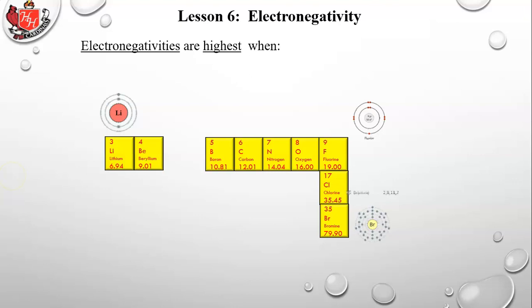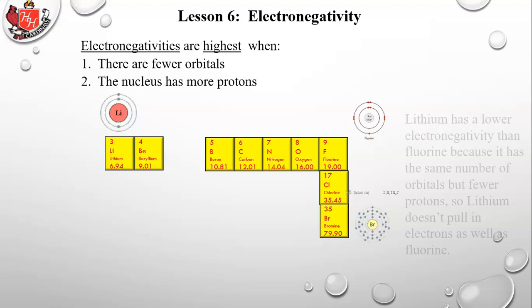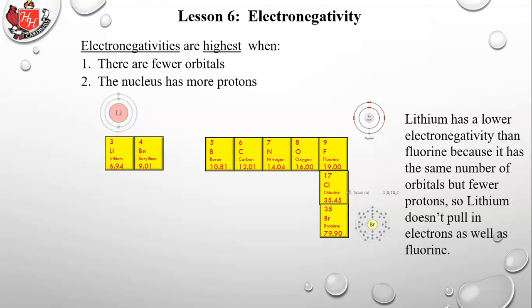Okay, electronegativities are highest when there are fewer orbitals and the nucleus has more protons. So if we look at lithium, lithium has a lower electronegativity than fluorine because it has the same number of orbitals but fewer protons. So lithium doesn't pull in outside electrons as well as fluorine.